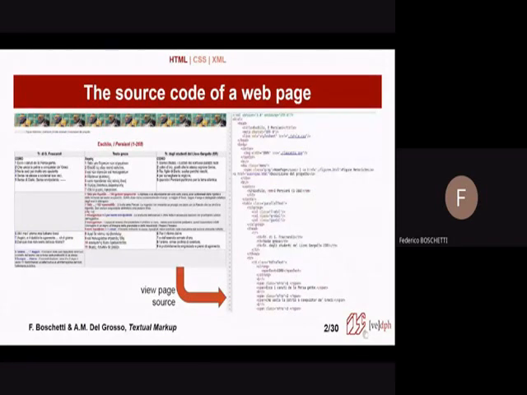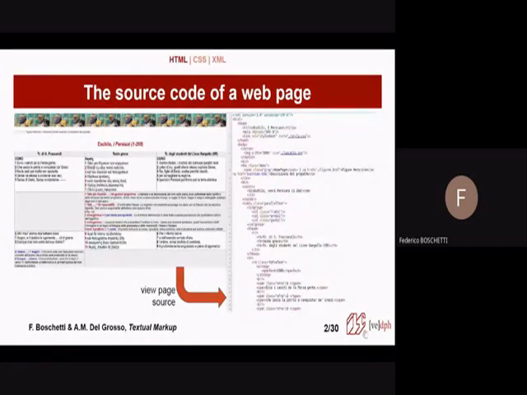Whenever you navigate the web, you find pages that are rendered in a graphical way. But if you open the page source, you can see the code that created those pages, okay?